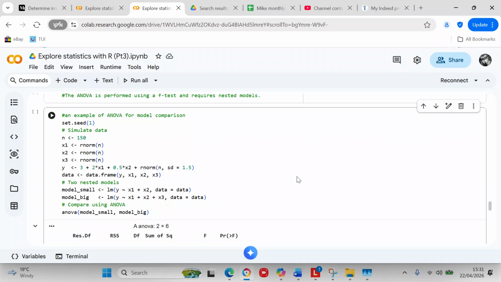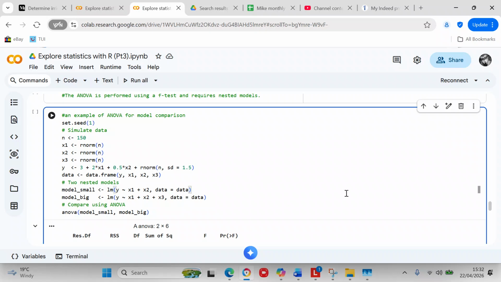So we're going to create a data frame with our dependent and our independent variables. y is your dependent variable, and x1, x2, x3 are your independent variables. And so data becomes data.frame(y, x1, x2, x3). And then we're going to take two nested models.